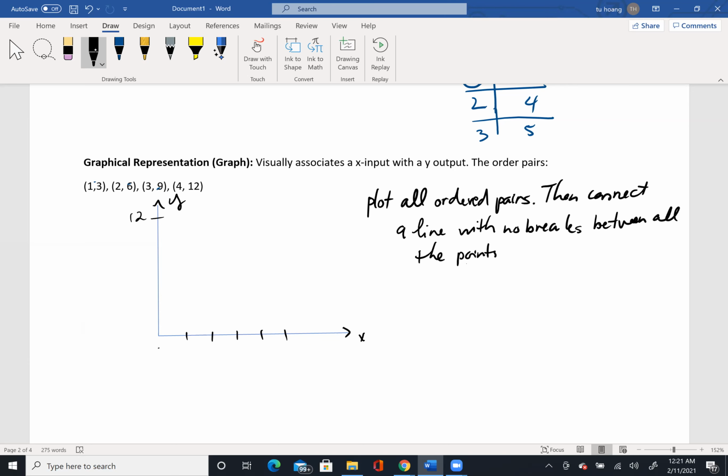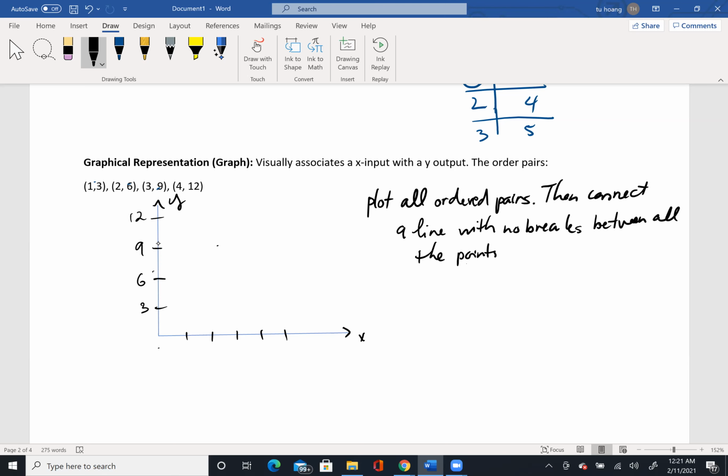The scale could be different. It doesn't have to be exactly the same. So here it is 6, the middle here should be 9, and the middle here should be 3.